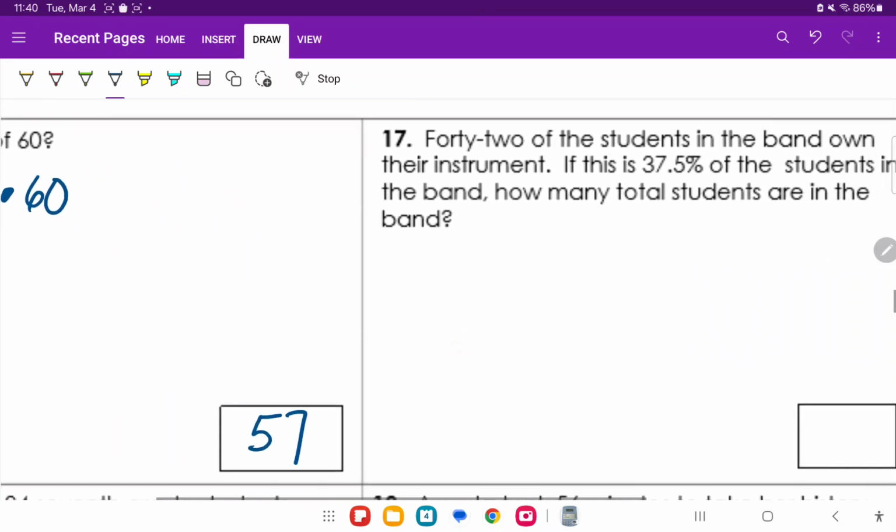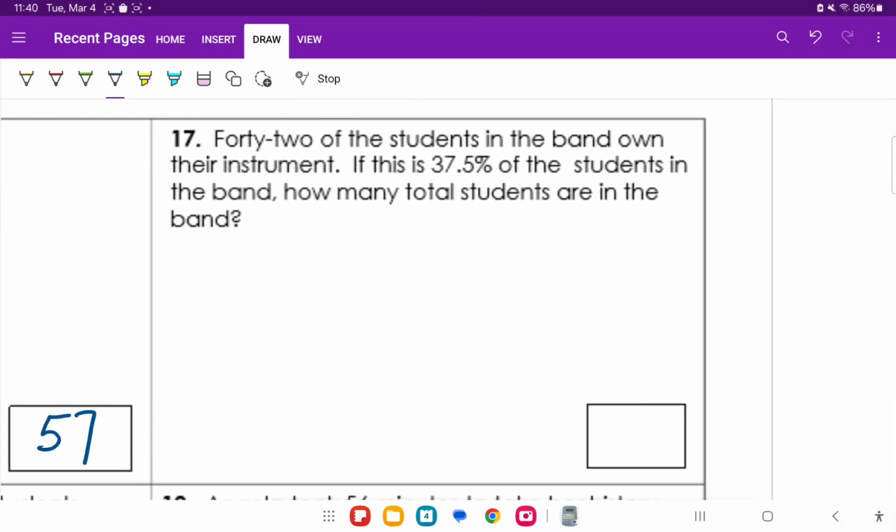Okay. Now, number 17, 42 of the students in the band own their instrument. If this is 37.5% of the students in the band, how many total students are in the band?